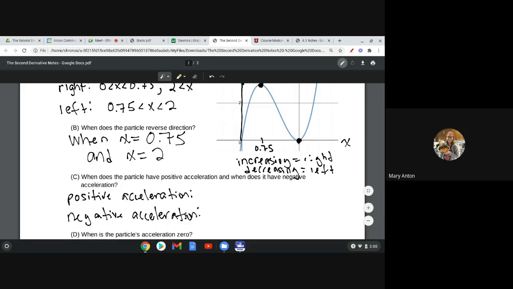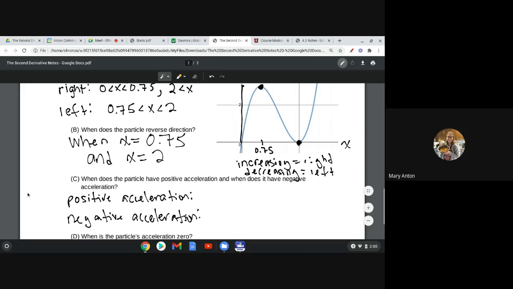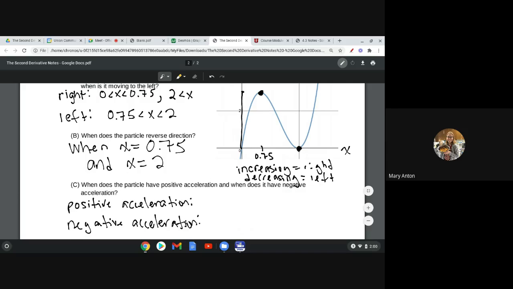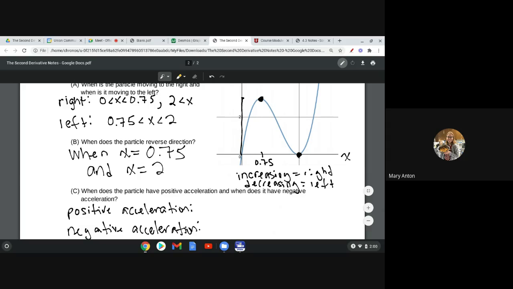What does our position graph look like when we have positive acceleration, when our acceleration is larger than 0? That means it's concave up. So we need to figure out when our graph is concave up. From 0.75 to greater than 2.